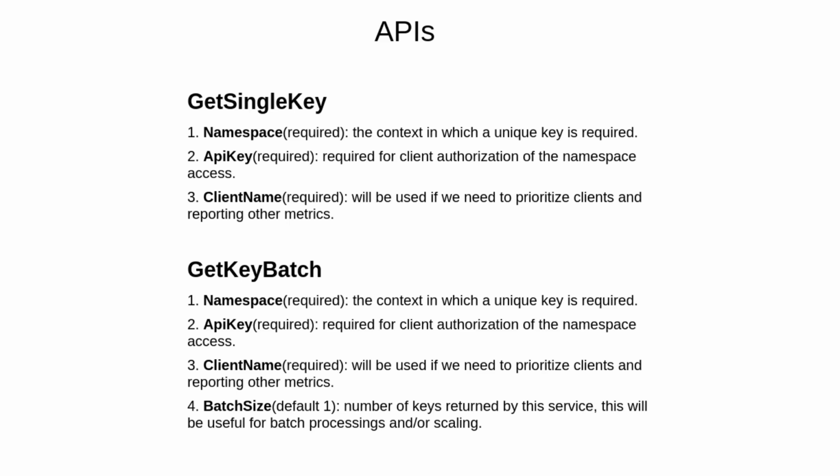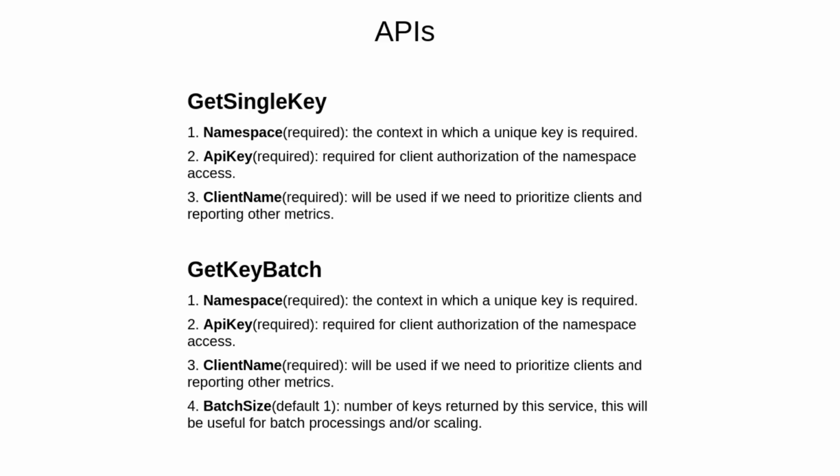So for example, namespace A can have key equal to 1, and namespace B can also have a key equal to 1. API key is required to authorize the clients for a namespace access. Client name will be required for reporting and if you want to prioritize some clients.